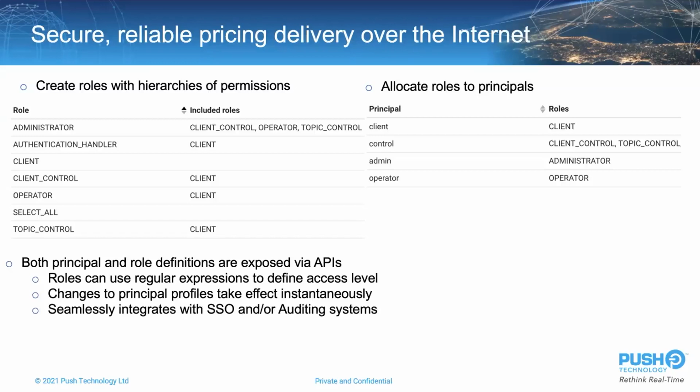Furthermore, the 2 APIs provide what we call an authentication handler. This means that we can integrate seamlessly with single sign-on systems, very prevalent, for example, in investment banks. Also, the authentication handler can be used for tracking who is accessing what data. So reports can be generated, for example, for audits to make sure that the system is compliant.